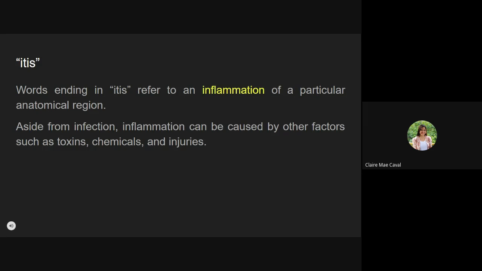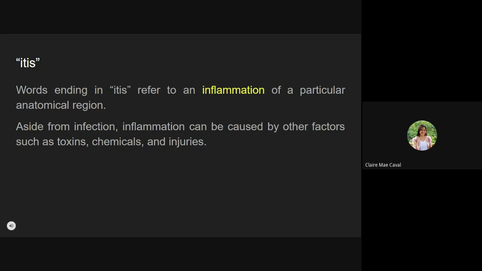In inflammation, there is redness, swelling, and pain, and you will experience increased heat in the area, and at some point, there will be loss of its normal function. So the suffix -itis means inflammation, because we will encounter more of these words later in the succeeding slides.